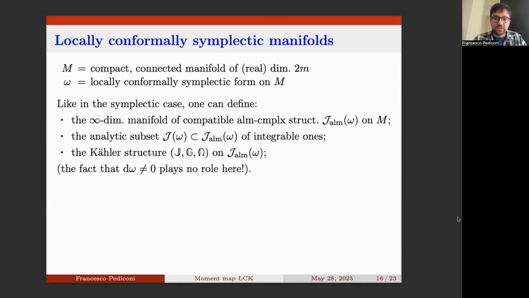So this is important because, of course, if you want to produce a moment map in a certain sense, you need a symplectic form somewhere to compute the moment map. And so the first good news is that this capital omega works also in this locally conformally symplectic setting.